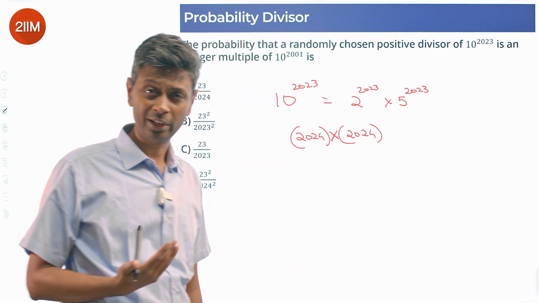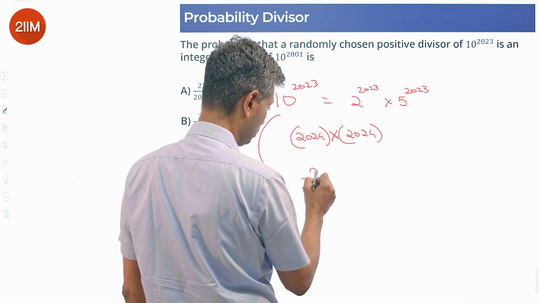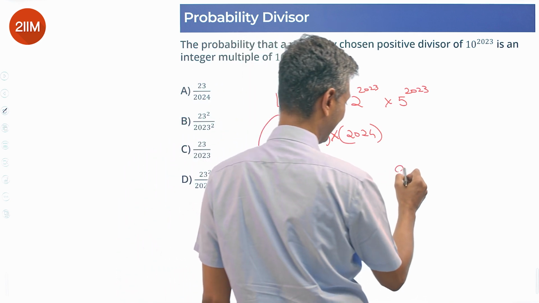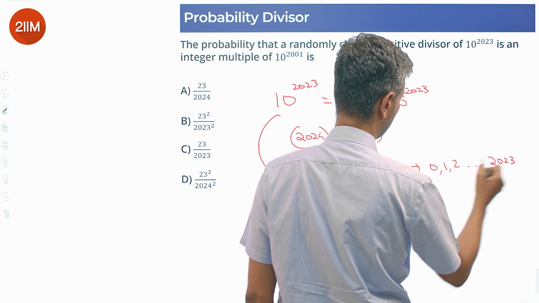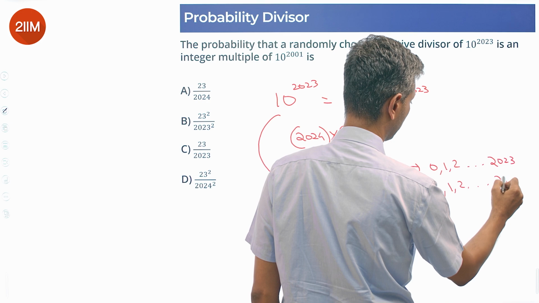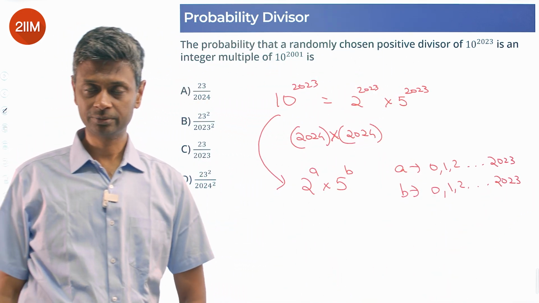It should be our denominator. How do I get that? Any factor of this number is of the form 2 power a into 5 power b. A can take all values from 0 to 2023. B can take all values from 0 to 2023. 2024 values each. That's why we have that many factors.